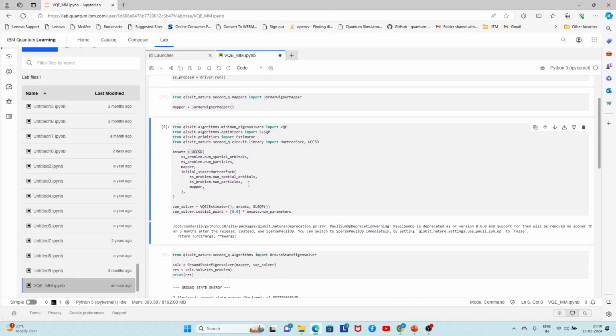Afterwards, we need to define the ansatz. In fact, by calling this UCCSD, you not only define the trial state or the approximate state or the initial state, it combines both the Hamiltonian and the states.